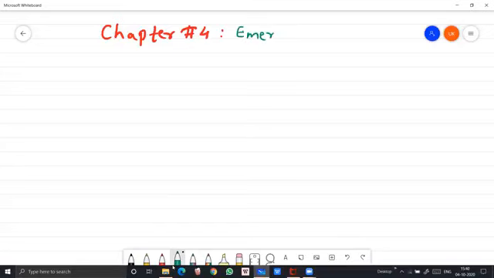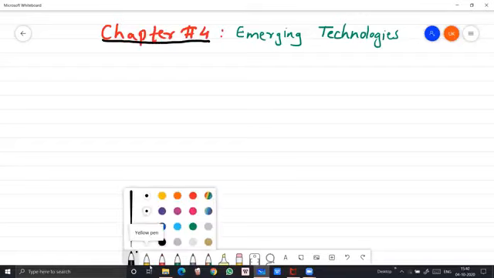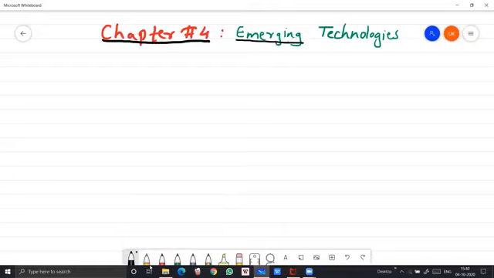Those who have already seen all the lectures, students, might be very well aware of every term related to technology. Now this revision will help them a lot to have a clear concept of everything.